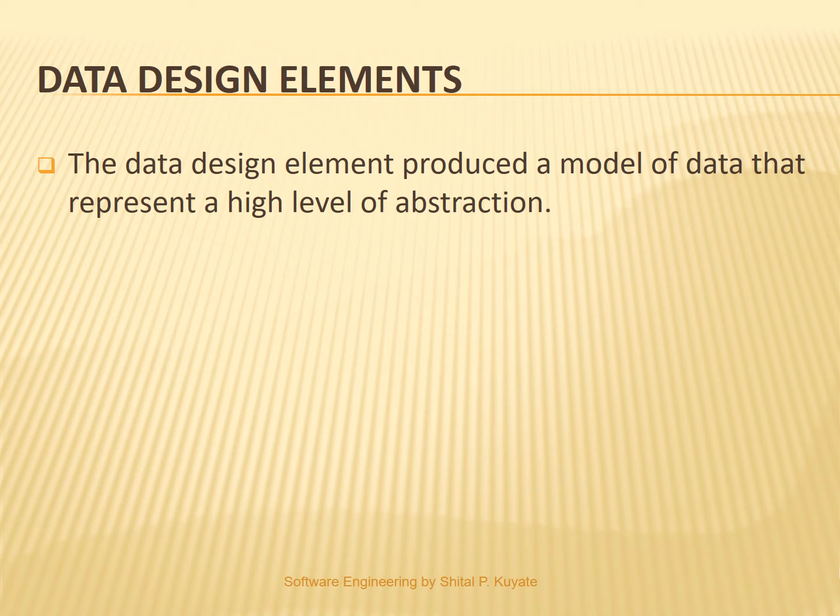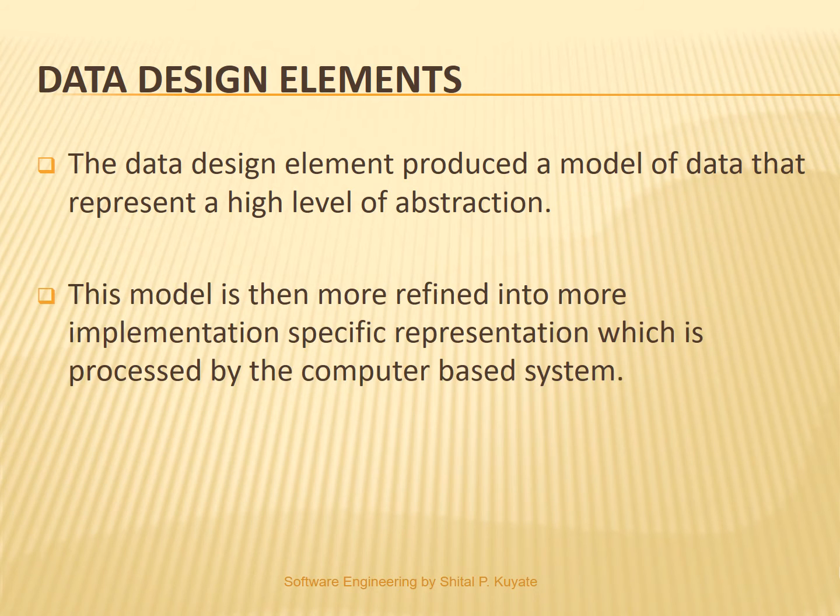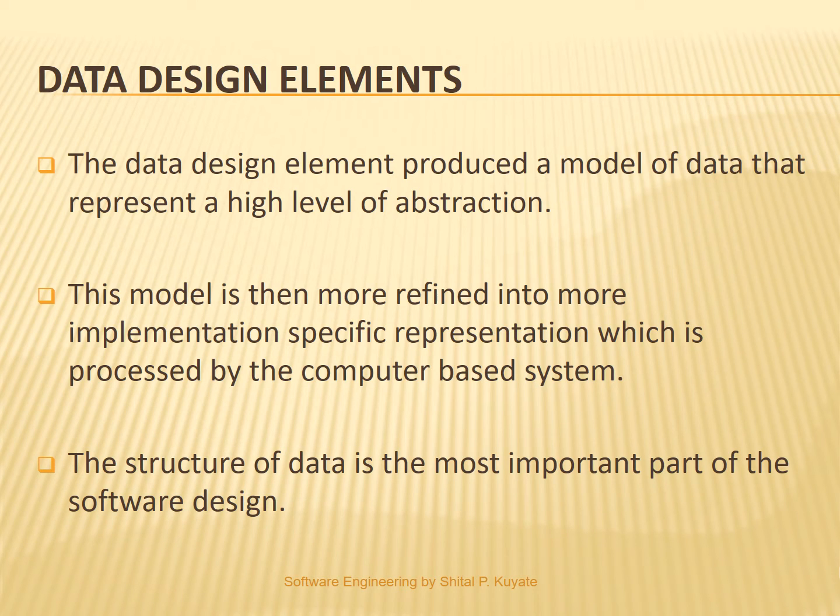The data design element produces a model of data that represents a high level of abstraction. This model is then refined into a more implementation-specific representation, which is processed by the computer-based system. The structure of data is the most important part of the software design. So all these are the different points regarding the data design elements.